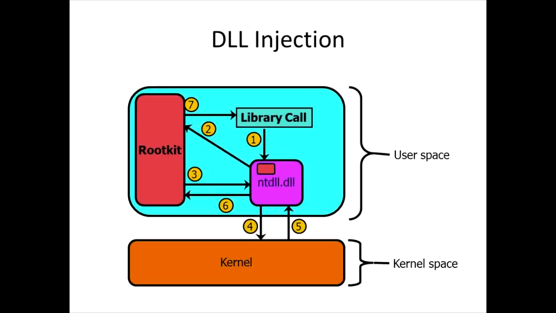Now, it's not enough for the malware just to push the malicious code into the unsuspecting process. It also needs to patch, or what we call hook, the legitimate routine in the system DLL so that anytime the user process calls the routine in NTDLL, in this case, it is in fact diverted into the malicious code that was injected by the attacker.